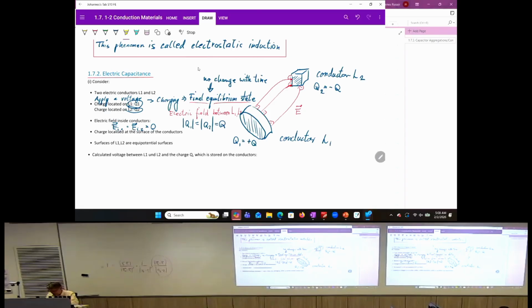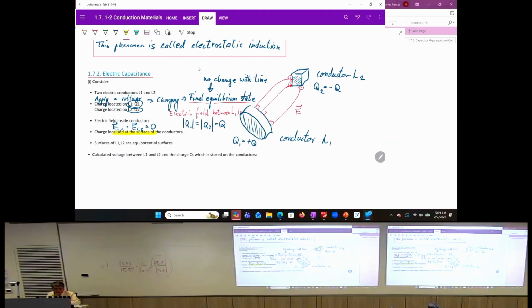Because the charges within the conductor try to maximize also their distance to each other, and also because there's a field outside, they will be pulled from the charges at the respective different conductor, they will be pulled to the surface, and from there on they try, according to the field, amongst themselves to find a large separation so that the forces between them are not getting too strong. So they are localized at the surface of the conductor.